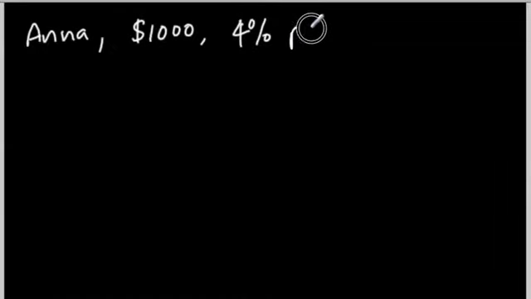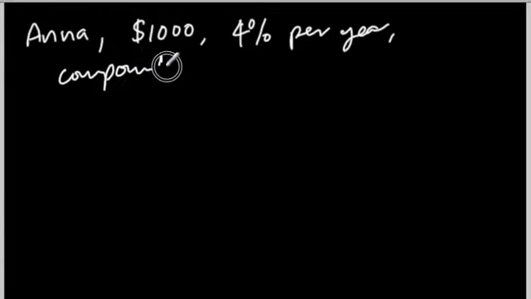Say, for example, there's a person called Anna, and she has $1,000, and there's an interest-bearing account that gives 4% per year, but it's compounded monthly.